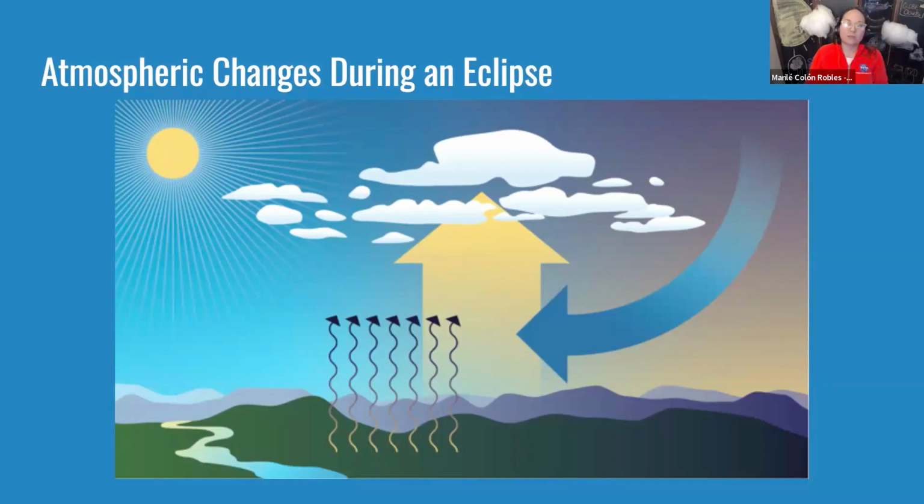So we are expecting a coolness in the temperature, also some of those clouds to kind of disappear or dissolve out as that energy from the sun starts getting covered by the moon. And then those changes in temperature can lead to some wind pickup, which is called the eclipse wind.